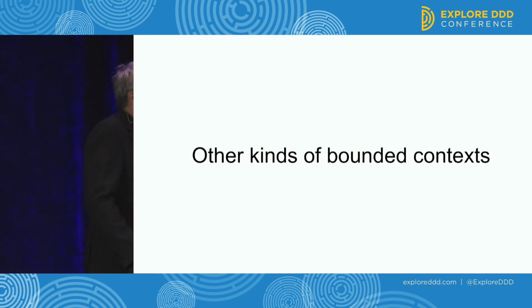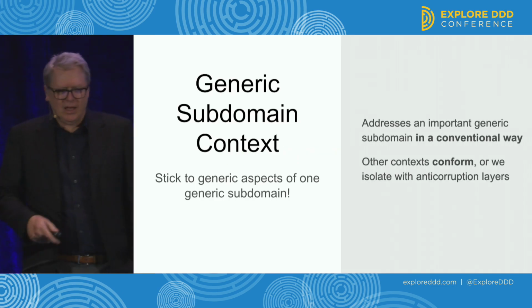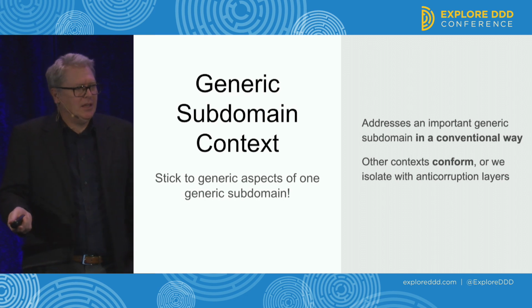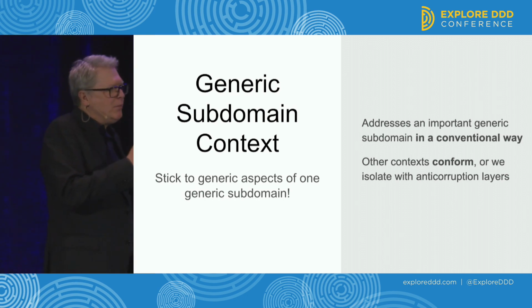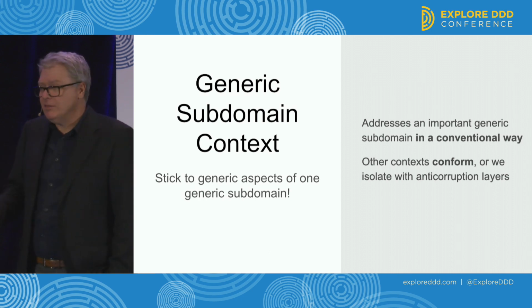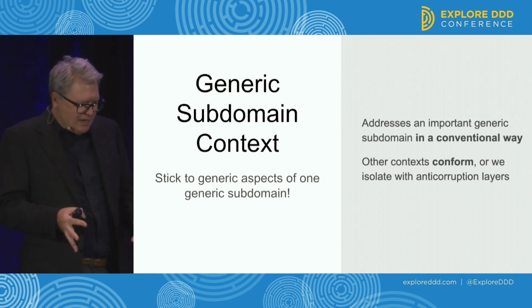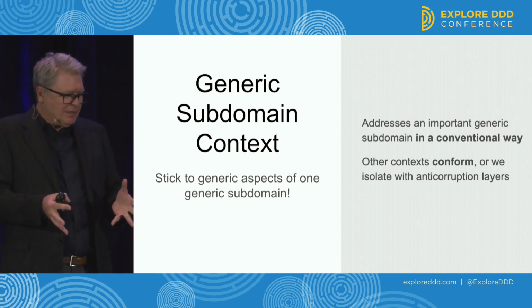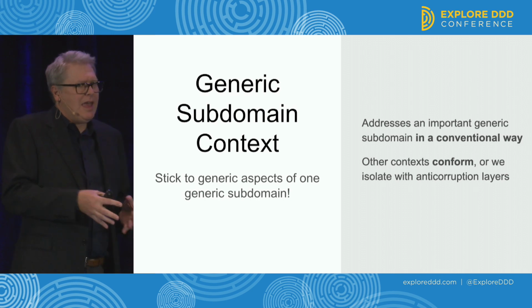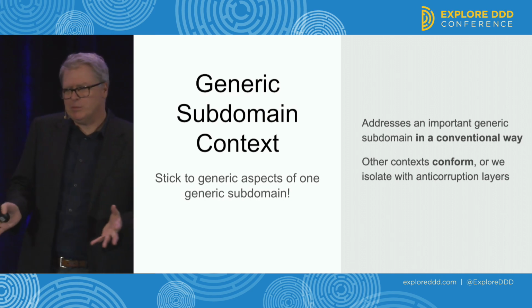I've been thinking about this for a while, so I've come up with lots of things, and I'll just run through some of them. So, I talk about generic subdomains. What about the contexts that are primarily focused on a generic subdomain? Or should we do this more? Because I think, yes, we should. You've got to do something that's quite generic, and you don't want to be very creative in this space.